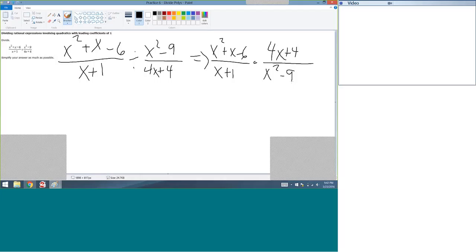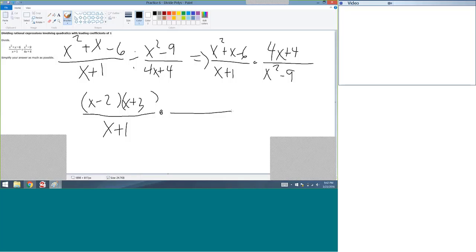And so now we're ready to factor everything out. So the first numerator is going to be a trinomial. So we're going to have x and x, and then factors of -6 to equal +1. So we're going to get -2 plus 3. And then the x plus 1 stays the same.